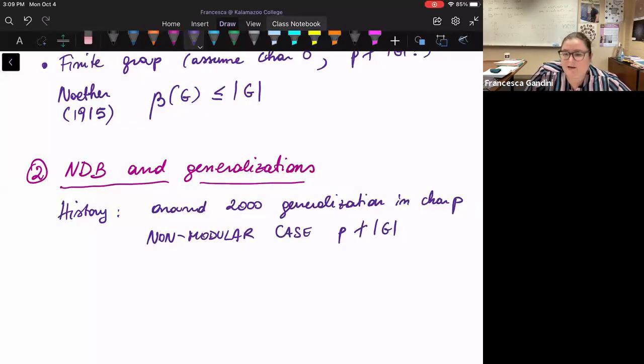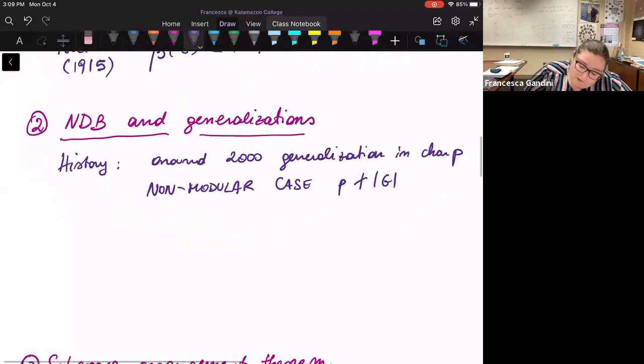So the modular case, when P divides the order of the group, is completely wild. So by characteristic P, I mean the non-modular case. So the idea of Derksen was to use some of the elimination theory from algebraic geometry to think about this problem in terms of polynomials vanishing on some geometric space.